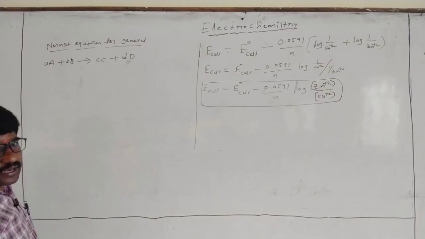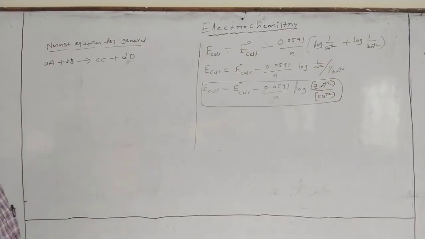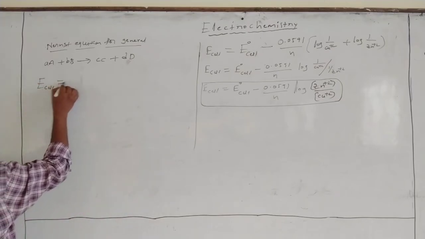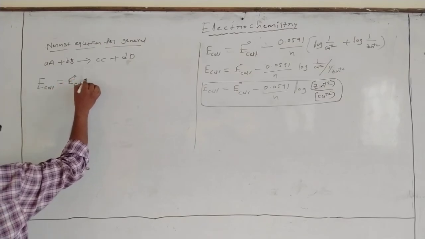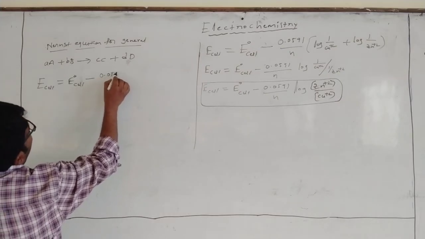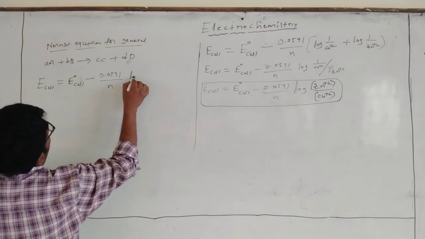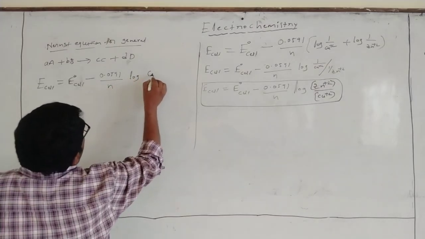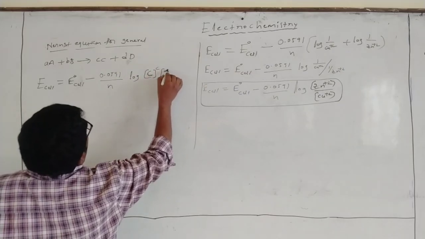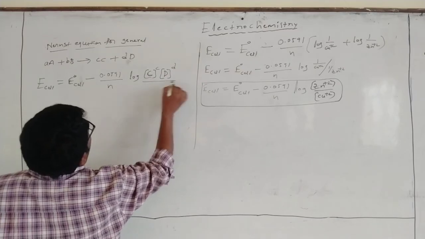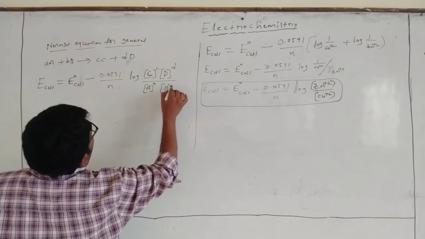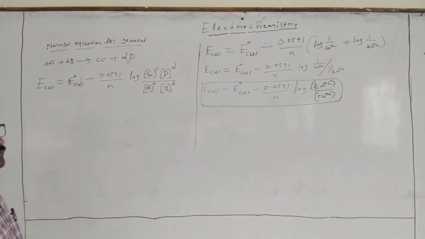For this kind of reaction, the Nernst equation is: E cell is equal to E naught cell minus 0.0591 by n log of C to the power c and D to the power d, by A to the power a and B to the power b.